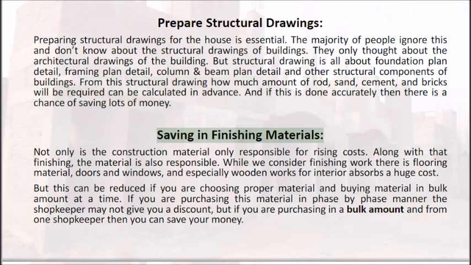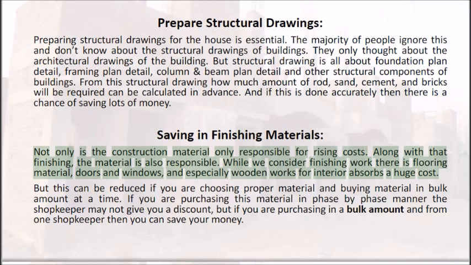Saving in finishing materials. Not only is the construction material responsible for rising costs. Along with that, the finishing material is also responsible. While we consider finishing work, there is flooring material, doors, and windows, and especially wooden works for interior absorbs a huge cost.